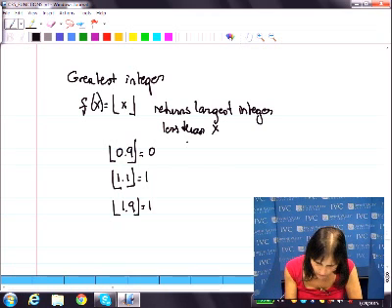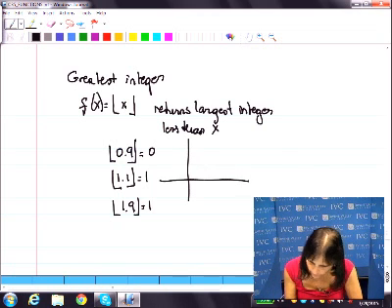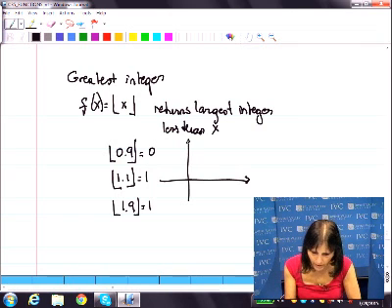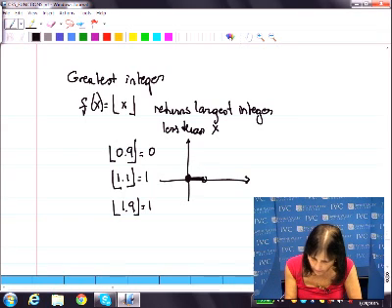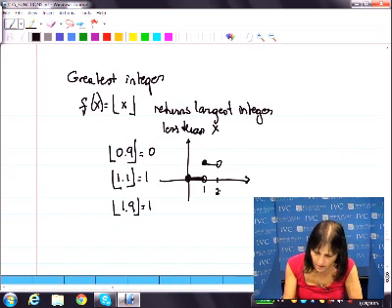Okay, so what will it look like? Okay, greatest integer of 0 is 0. 0.1 and all that, it's going to still be 0. And then when I have, let's say, 1, greatest integer of 1 is 1, but 1.1 is also 1. Does that make sense?